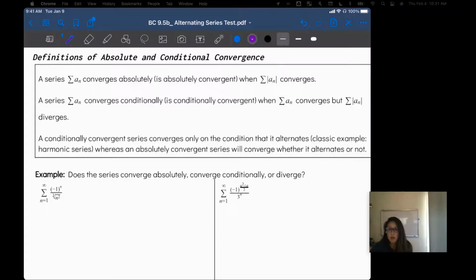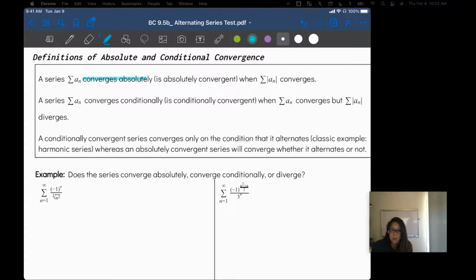So if both the alternating series converges and the absolute value of the alternating series, where all the signs are positive, converges, then the series converges absolutely. It always converges, doesn't matter what the signs are.